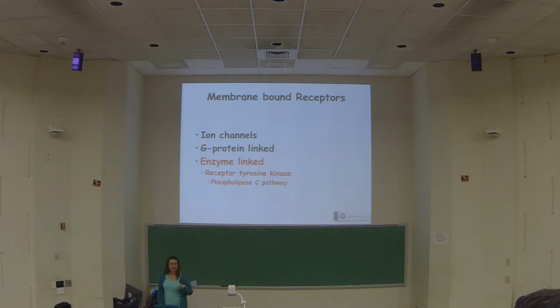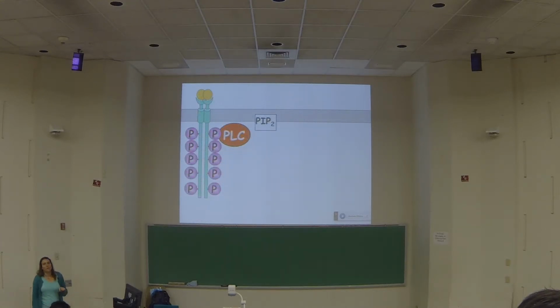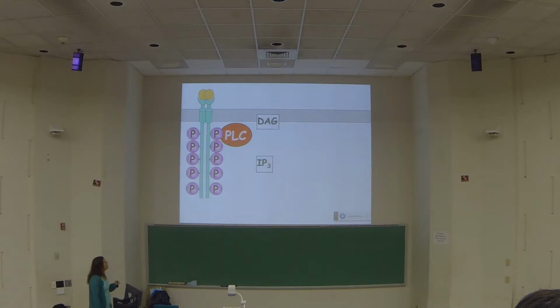So if we look at the types of pathways that are initiated by these tyrosine kinases, there are phospholipase C pathways that can be initiated by these phosphorylated tyrosines. Once these tyrosines are phosphorylated, they interact with phospholipase C, and then everything else from there is a very similar pathway to what we've already seen. Phospholipase C interacts with PIP2, it cleaves it into diacylglycerol and IP3.